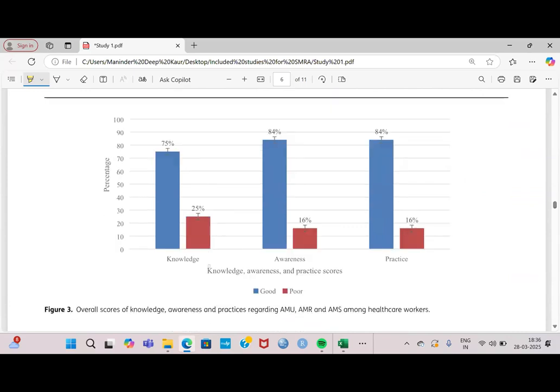Yes, here you can see that they have given the knowledge in the pictures. Knowledge, awareness, and practice score. They have divided the knowledge category into two, good and poor. So I will report only good knowledge, not the poor knowledge. I will take this only because I want knowledge, not awareness, not practice.